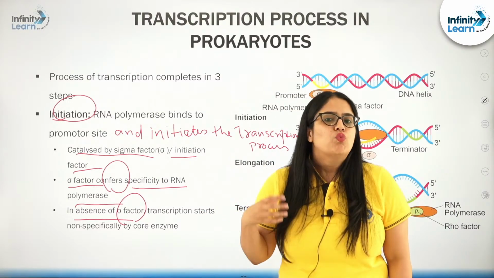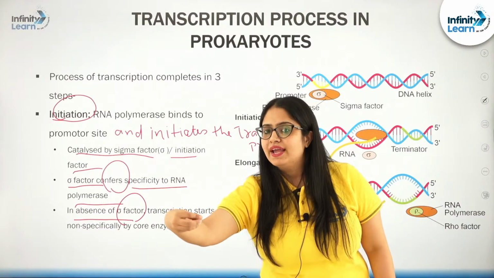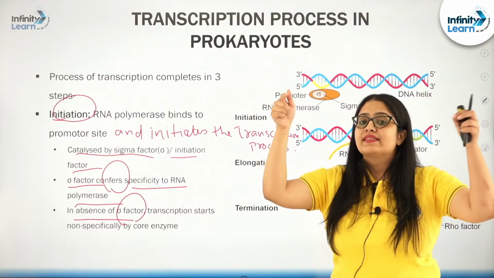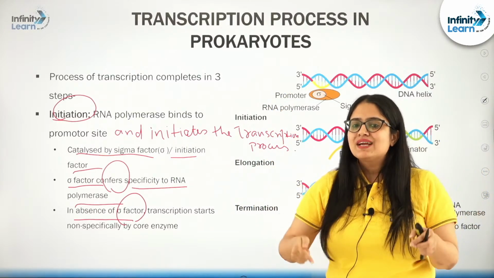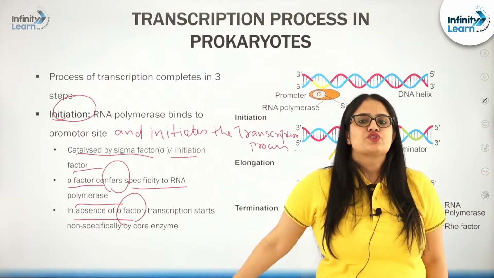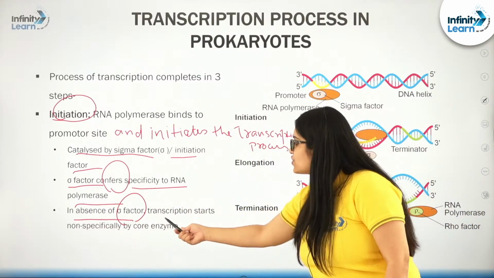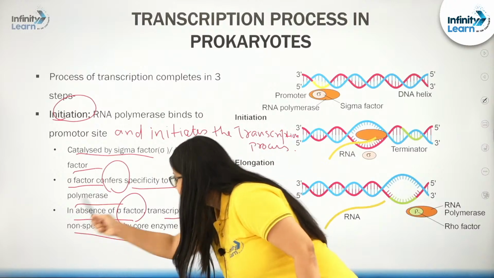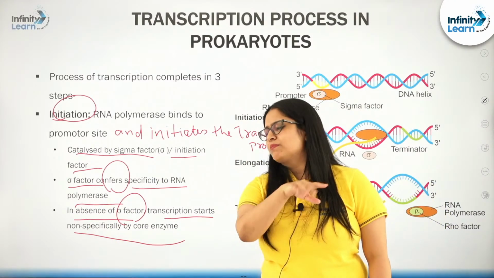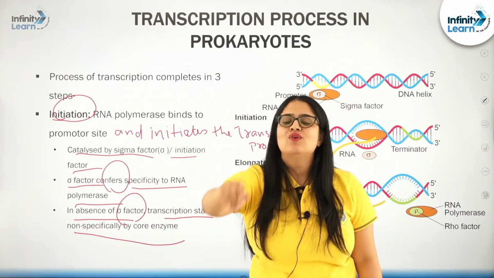It won't know where exactly to go and bind so that it can start the transcription process. So, in absence of sigma factor, transcription starts non-specifically by the core enzyme. The core enzyme is capable of starting, but it won't be specific. From where it was supposed to start, it won't start.